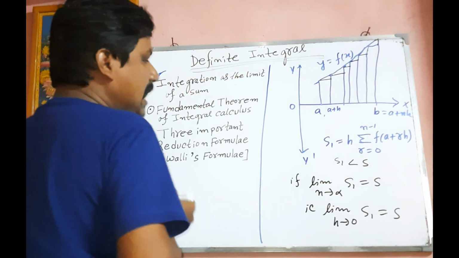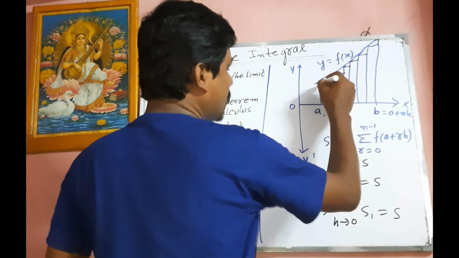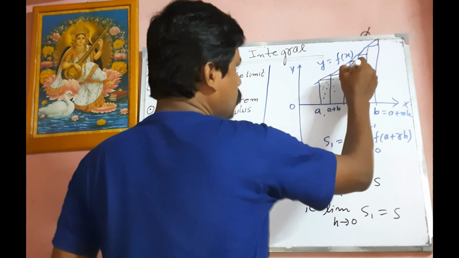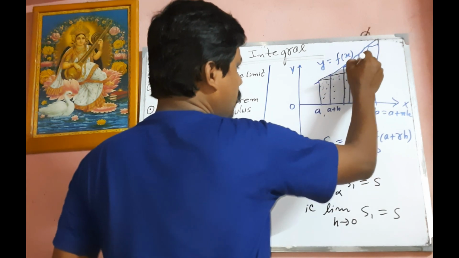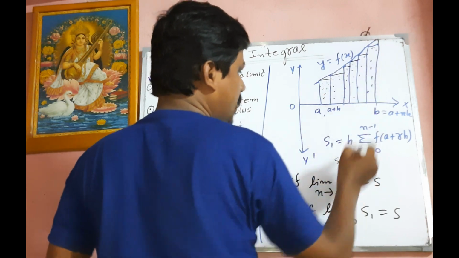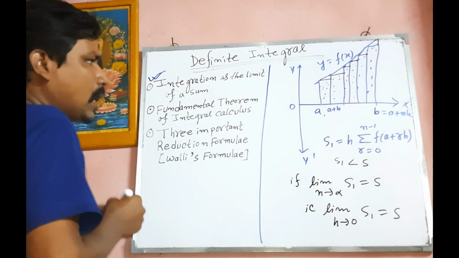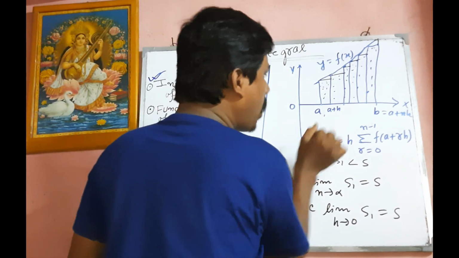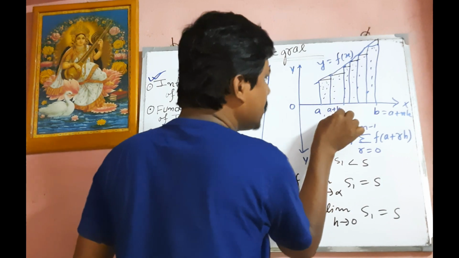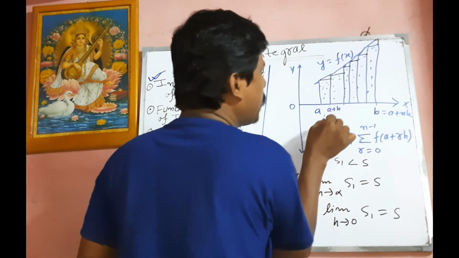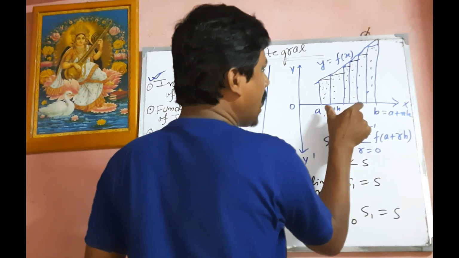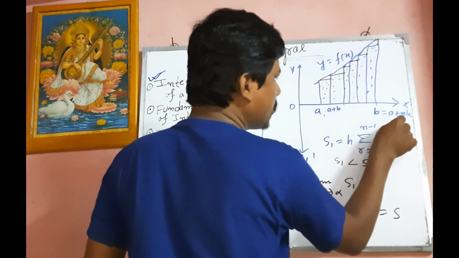And now the rectangle areas, these are the rectangle areas, this is a small rectangle area. The sum of the small rectangles' areas is denoted as S1. So in this figure we are putting some points, that is a point, then after a is the small increase of h, then a plus h, and successively we are adding points up to the end.